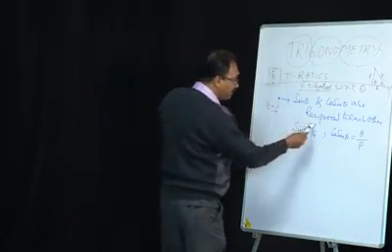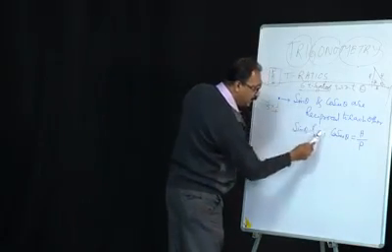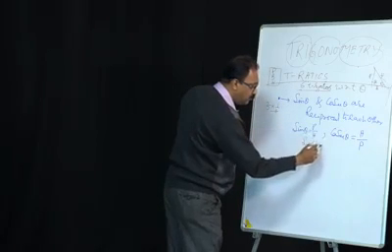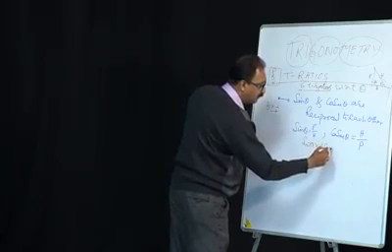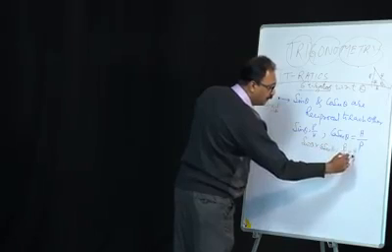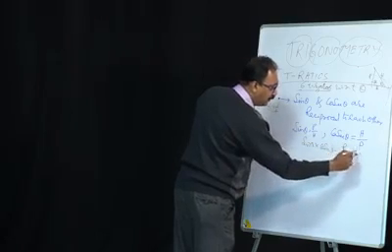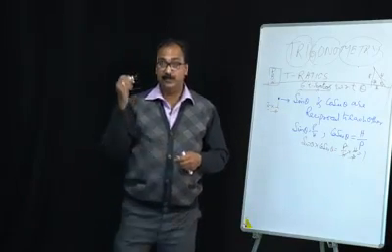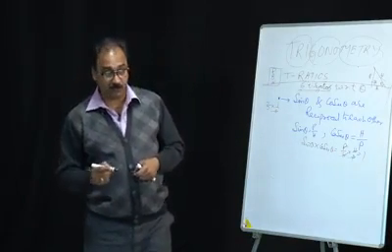Like here, if I multiply these two, P, P cancel, H, H cancel. Sin theta into cosec theta is equal to P by H into H by P. So you cancel, you'll get 1.